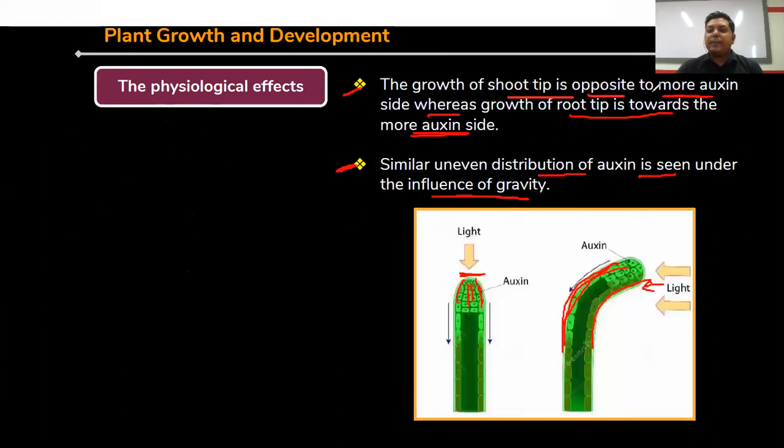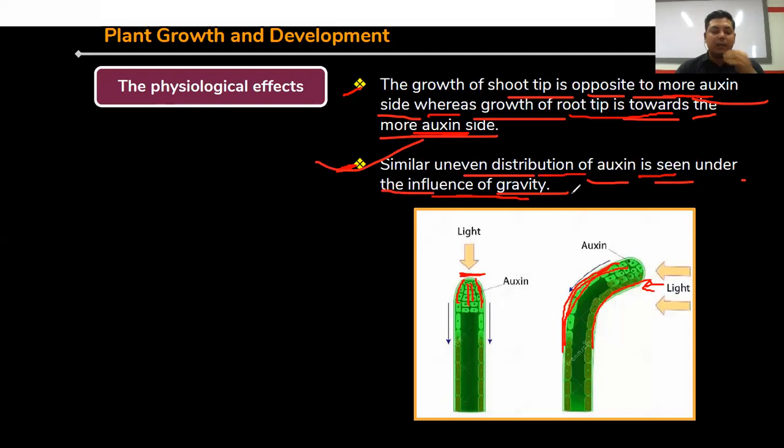The growth of the shoot tip is opposite to the more auxin side, whereas the growth of the root tip is towards the more auxin side. The shoot tip contains some auxin as well as the root tip, and their growths are different from each other. Similar uneven distribution of auxin is seen under the influence of gravity.